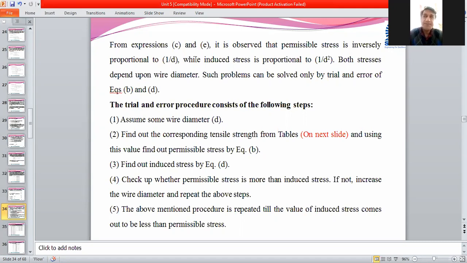Let me know. Anywhere have you used this trial and error method for calculating any dimension or some parameters from a graph, or by means of using some Mollier charts or some charts which are required for calculating some of the quantities?